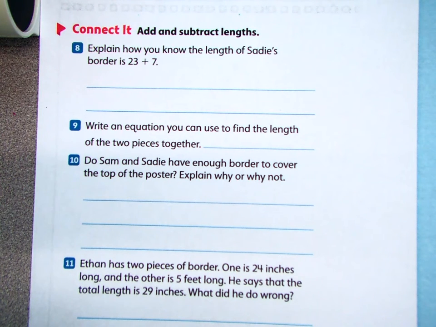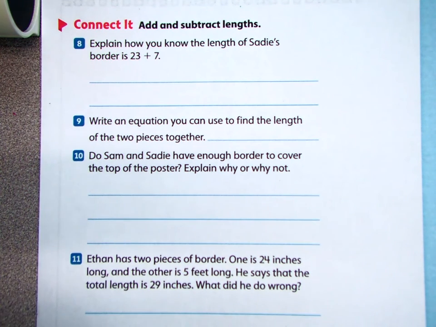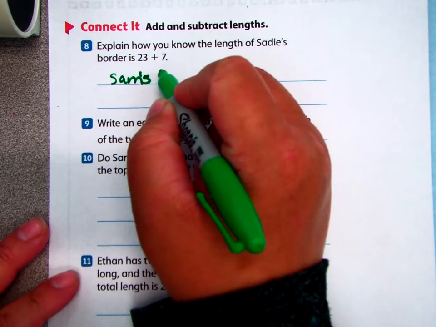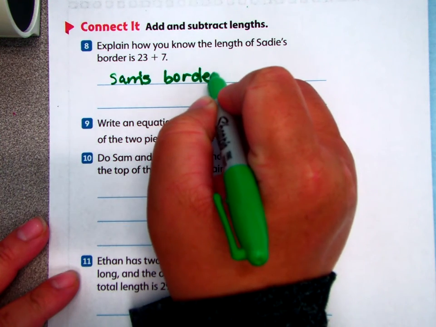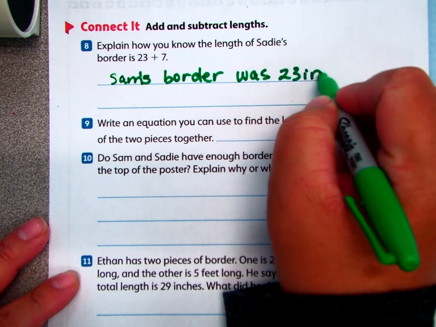Explain how you know the length of Sadie's border. Well, it tells you that she had 7 inches more than Sam. So, you could just simply say that Sam's border was 23 inches.